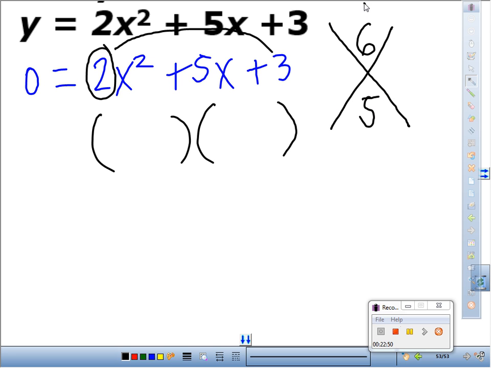Pass it to someone. Marissa, what factors of 6 add up to 5? 2 times 3, okay? So therefore, we're going to rewrite this over here. Pass it to someone, please. Alyssa, what do I write?